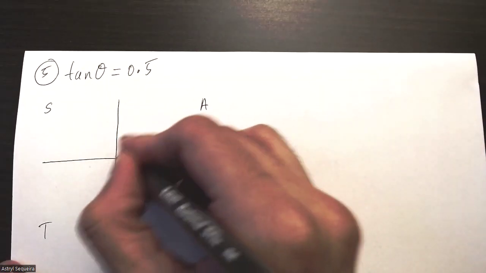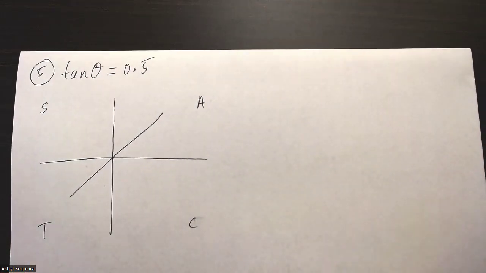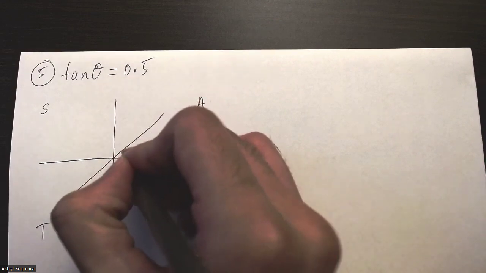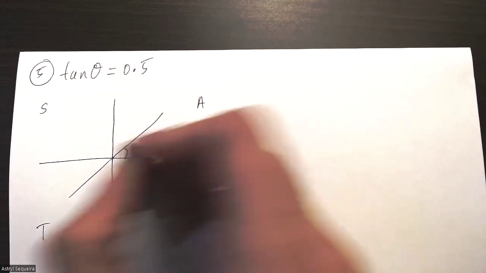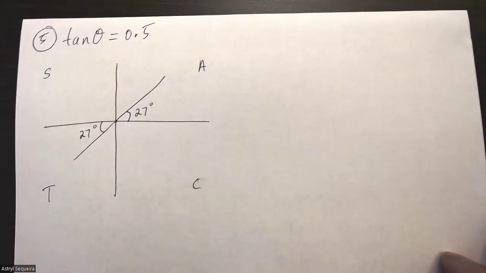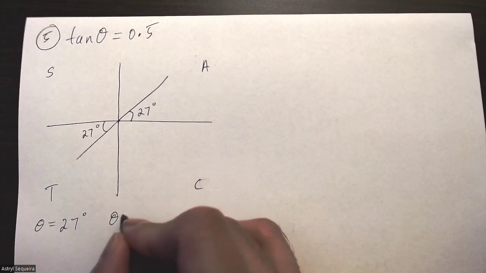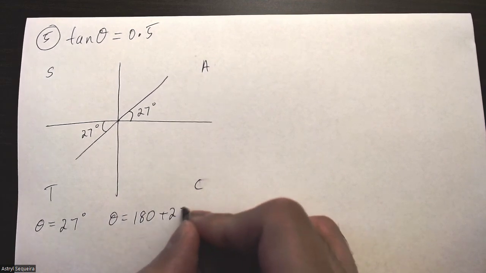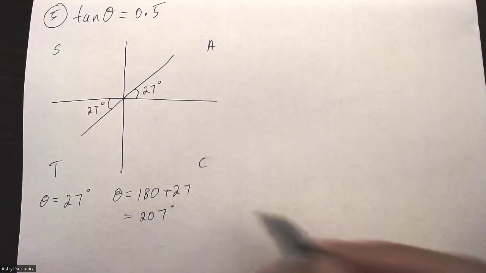Tan is positive in the first and the third quadrant, in A and T. Find the acute angle. I'll do tan inverse of 0.5 in my calculator. I'm going to round this to a whole number. It's a decimal, and most answers will be decimals, but you can round to a whole number. If I round to a whole number, I'll get my acute angle to be 27 degrees. Then my two solutions are 27 degrees and then 180 plus 27, which is 207 degrees.